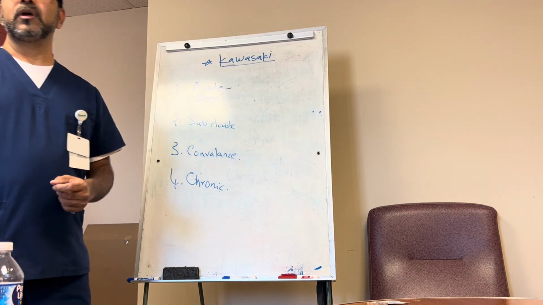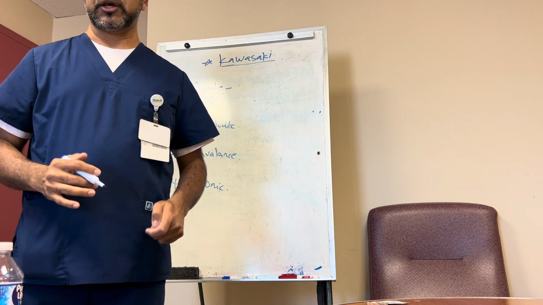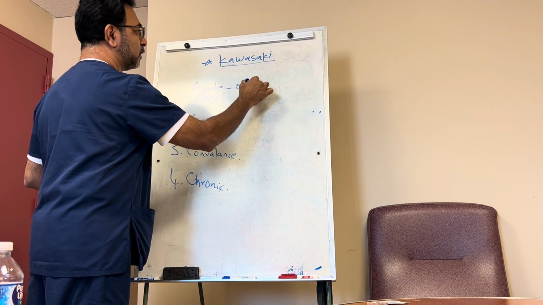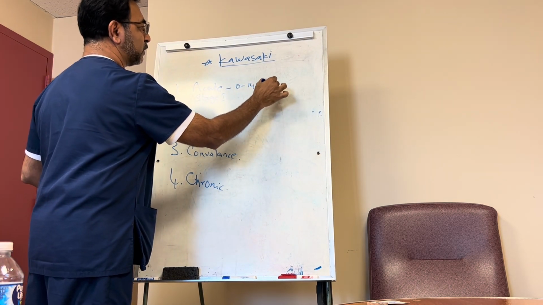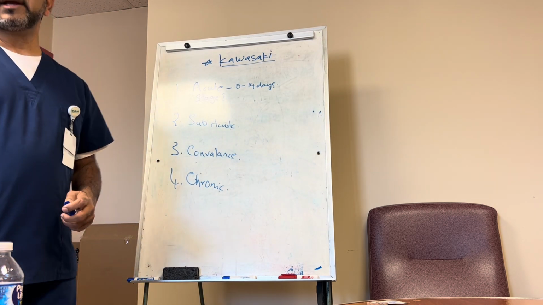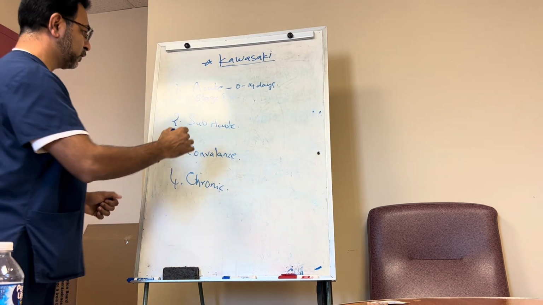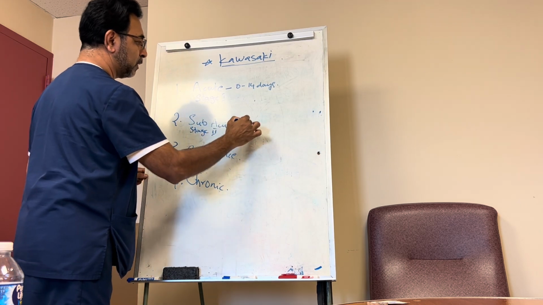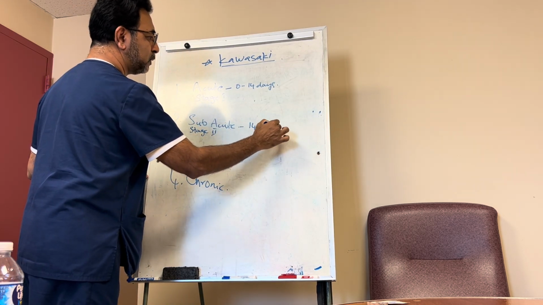Stage 1 is acute. When do you say somebody has the acute stage? Anywhere from 0 to 14 days is the acute stage. Stage 2, 14 to 21 days.